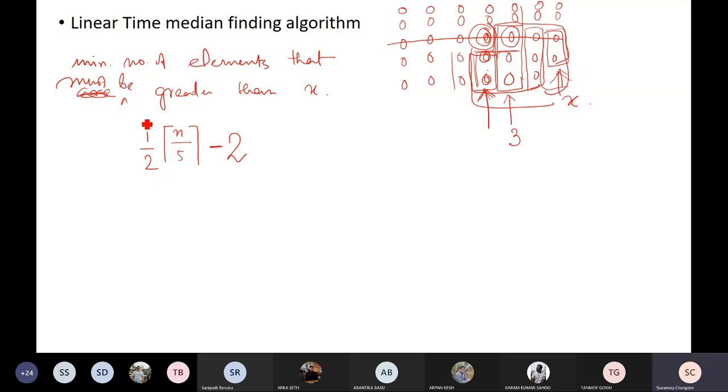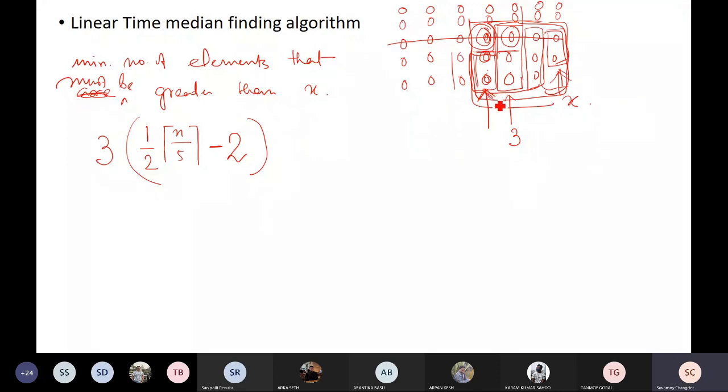These groups contain three elements each which are greater than x. Listen very carefully. We have half the number of groups containing elements greater than x.